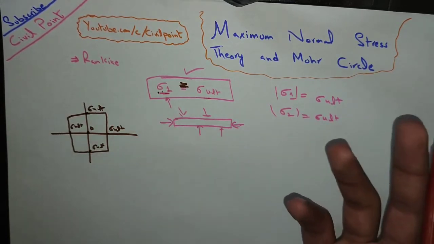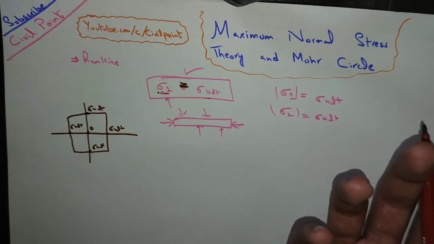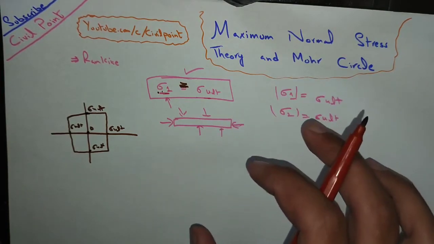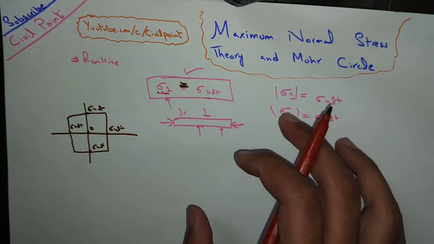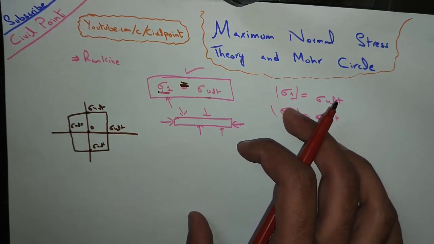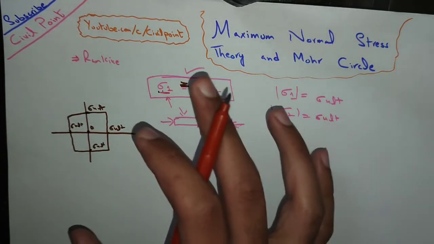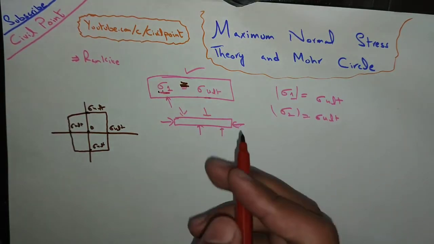And experimentally, scientists have done many experiments, and later on it was found that this theory gives accurate results for materials which have approximately the same stress-strain behavior in tension and compression.